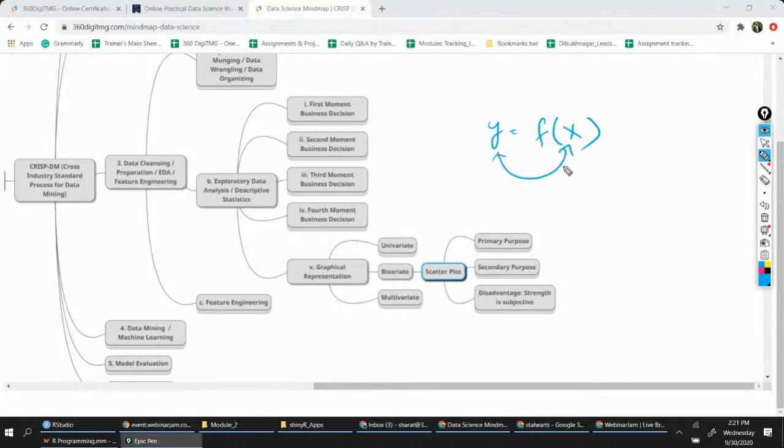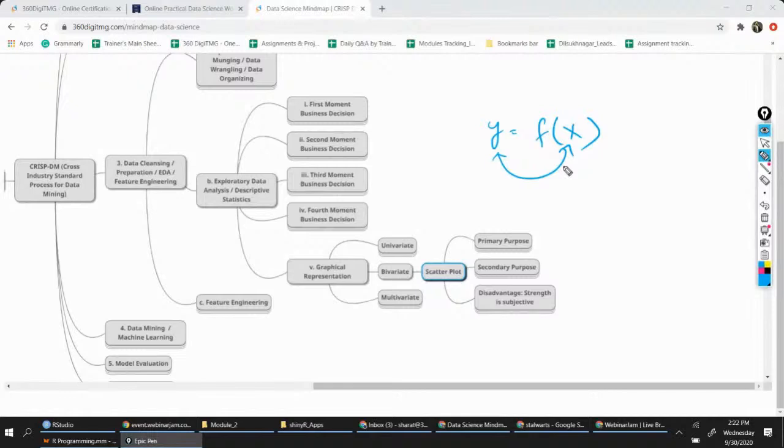And do you remember the concept that we discussed yesterday? How to find out that equation. Now you will have a lot of different types of relationships in x and y. But what we are trying to do here is to fit an equation which can explain that relationship. But when you're trying to fit this equation, you have to find the best equation, best fit.